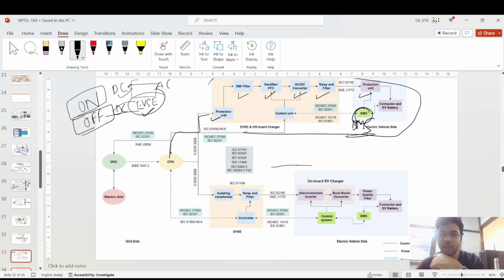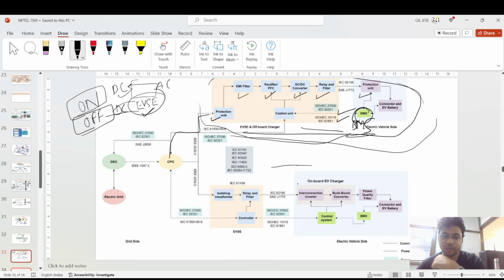In the central part you have a BMS, and the actual communication between the EV and the EVSE happens through the BMS, the battery management system. It also has certain communication features and protocols, that is IEC 15118 and IEC 62351.